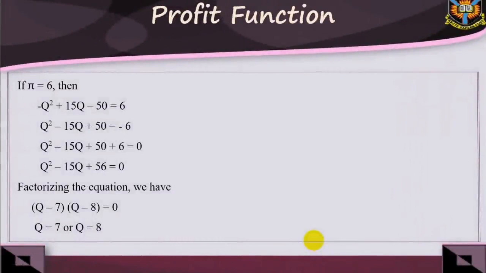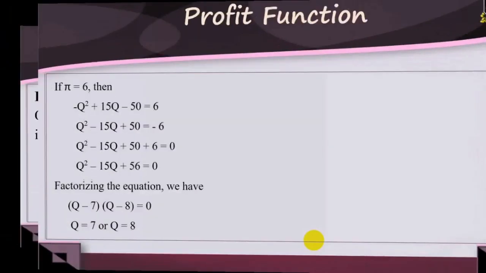Q squared minus 15Q plus 50 plus 6 equals 0. Q squared minus 15Q plus 56 equals 0. Factorize the equation. Then we have Q minus 7 in bracket, Q minus 8 in bracket equals 0. Therefore Q equals 7 or Q equals 8.